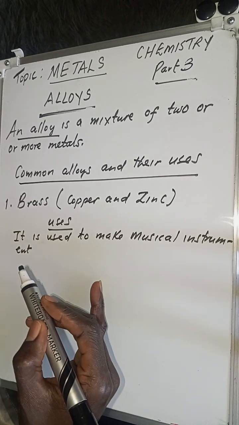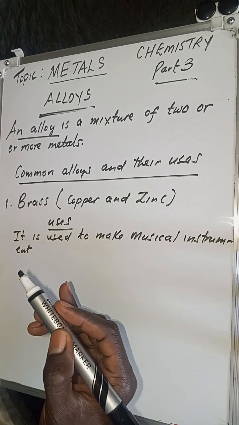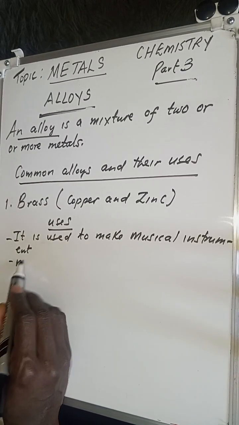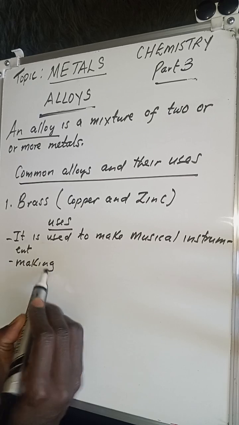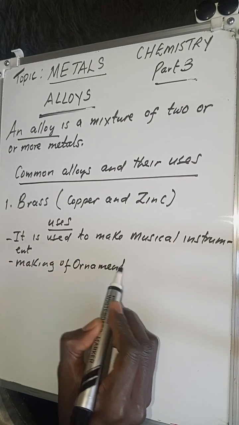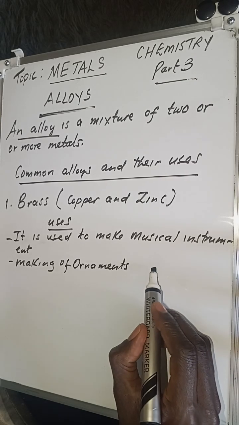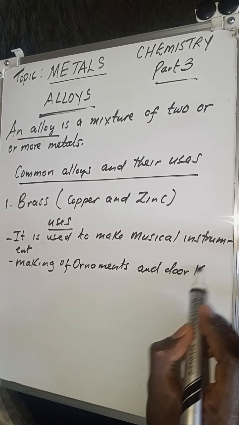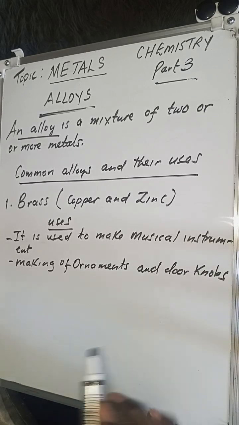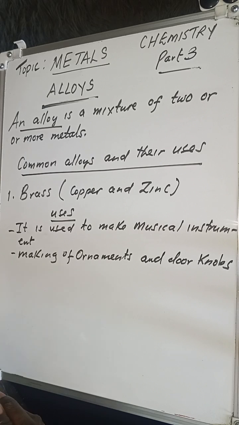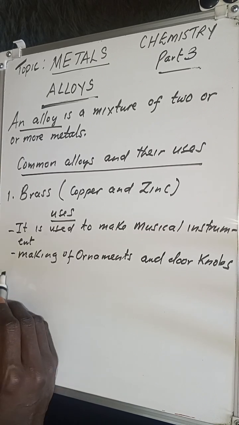Sometimes it can also be used in making ornaments or doorknobs. So it can also be used in making ornaments, and maybe I can say door knobs. So sometimes they are capable of using brass. What is important, remember, is that brass is made up of copper and zinc.